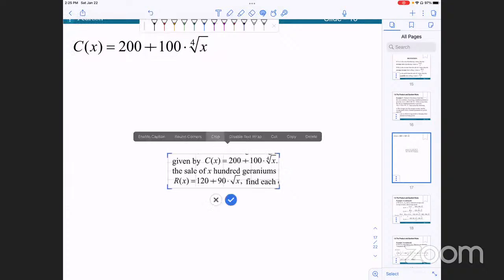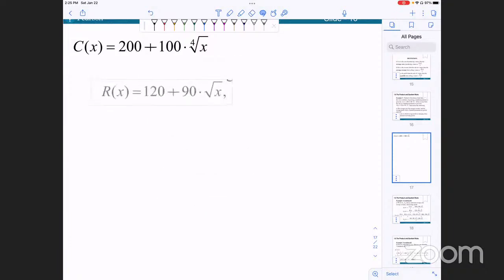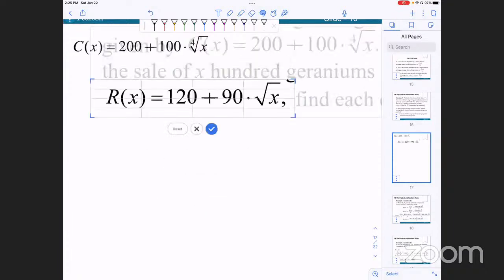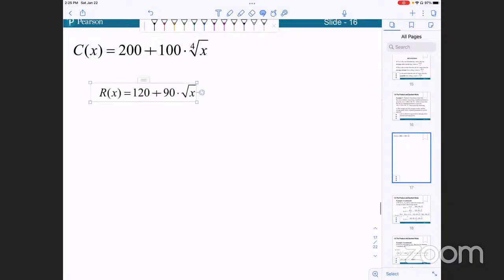Function. Enter, and we got copies of our functions.